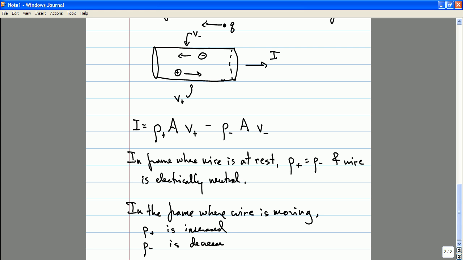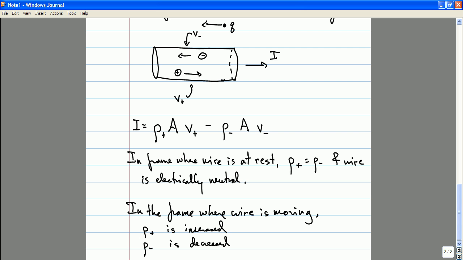So, for example, you could imagine the case where V is equal to V minus, so that in the frame where the particle Q is at rest, the electrons, the negatively charged particles, are also at rest. And then rho minus, you can see that rho minus will definitely be decreased because the horizontal direction won't be length contracted at all.